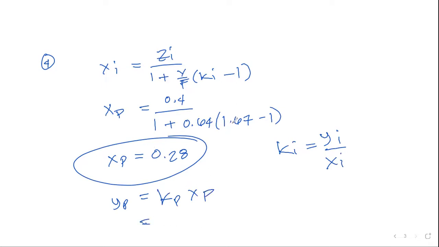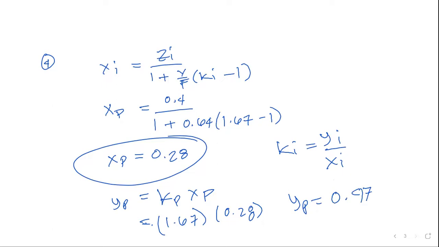Ang KP natin, K sub I is 1.67. Di ba? 1.67 times XP, 0.28. So, YP is 1.67 times 0.28. 0.47. I'm getting 0.47. Tama ba? Do you agree?